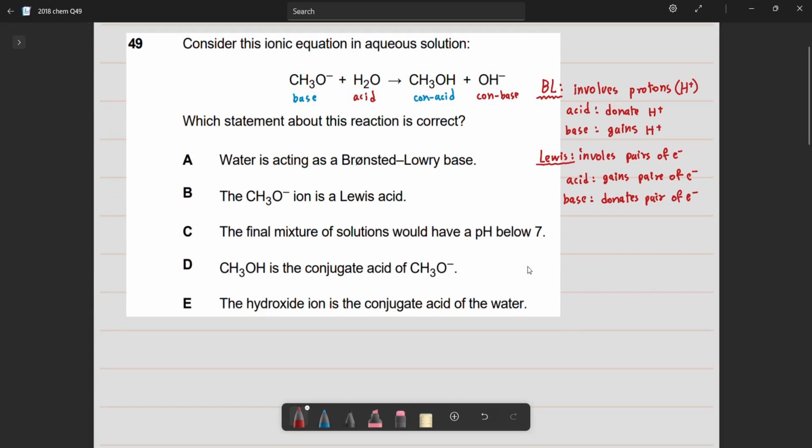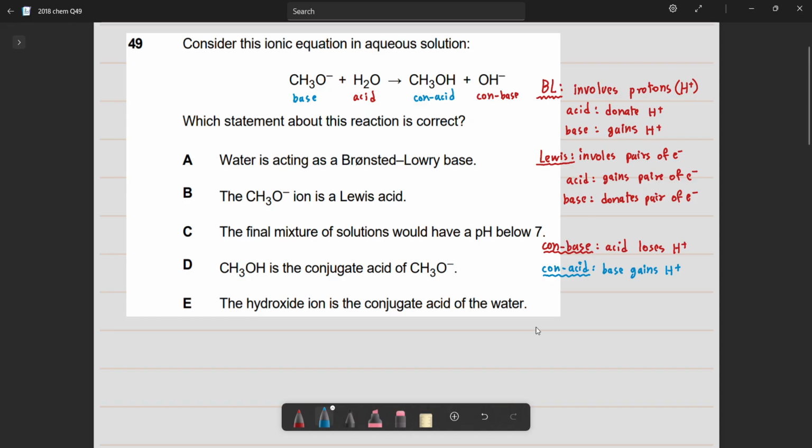We also must recall the definitions for these two terms. A conjugate base is formed when an acid loses the proton, whereas the conjugate acid is formed when the base gains the proton.